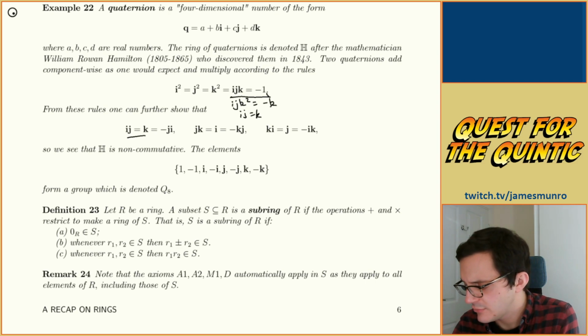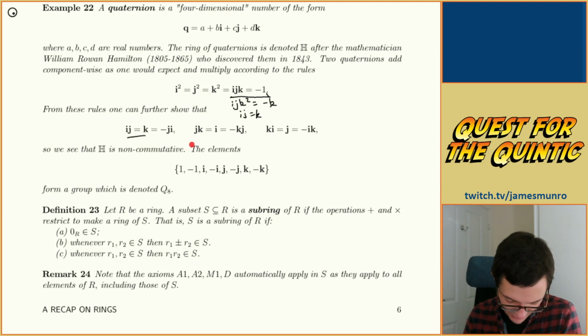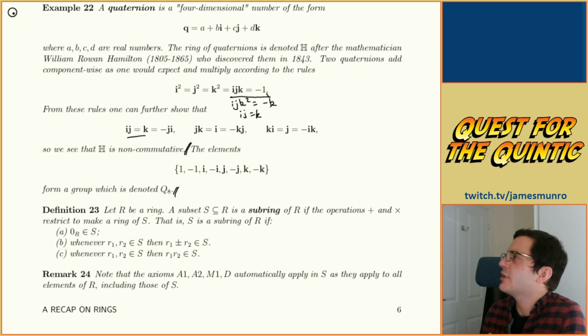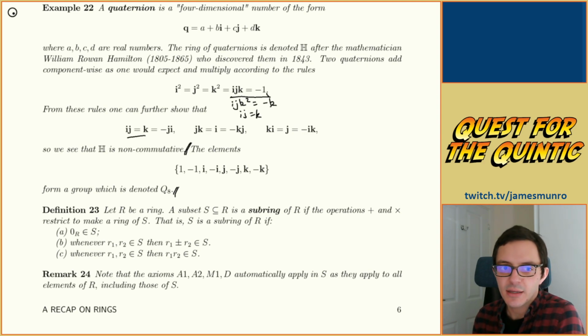So if you've got a ring, they're calling out here, this is a bit odd, they're calling out here that some of the elements form a group. But that doesn't feel that surprising. Oh, okay. So in a ring, you can multiply but not necessarily divide. Not everything has an inverse.